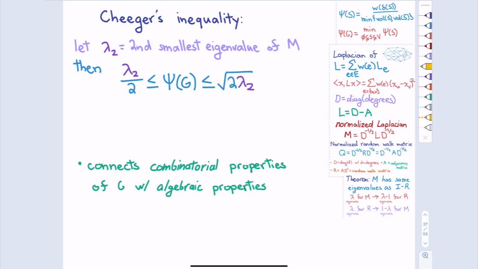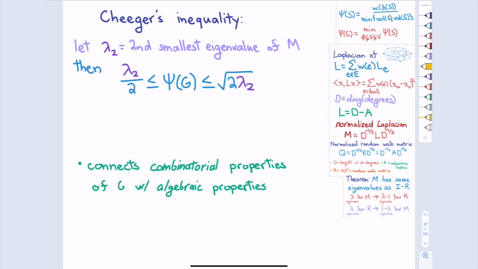But just taking a step back conceptually, it's sort of amazing because it's connecting a combinatorial property, something that makes sense, where I can draw a picture demonstrating conductance, with algebraic properties that are sort of magical and mysterious. Another important thing that I won't discuss too much is that we're often interested in graphs where the second eigenvalue is pretty big. It's like a constant.